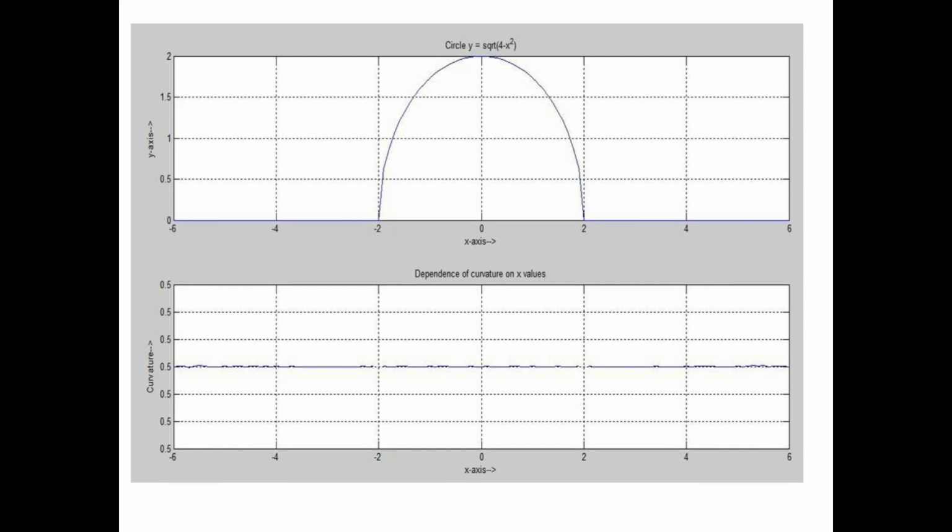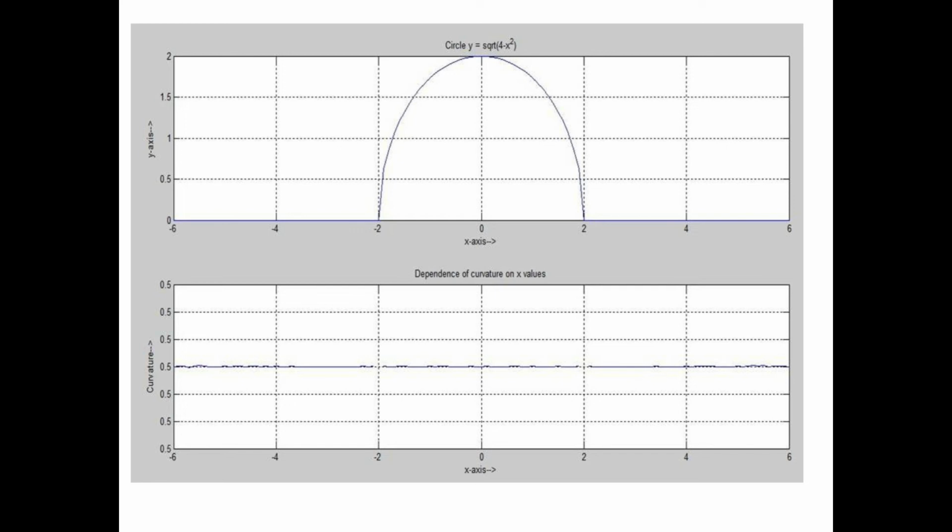Here in the first plot I have shown the upper half of the circle whose equation is x square plus y square equals 4. In the plot below it I have shown the values of curvature for any point on this upper half of the circle.